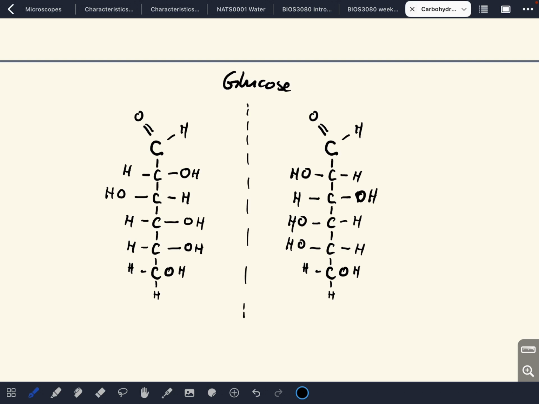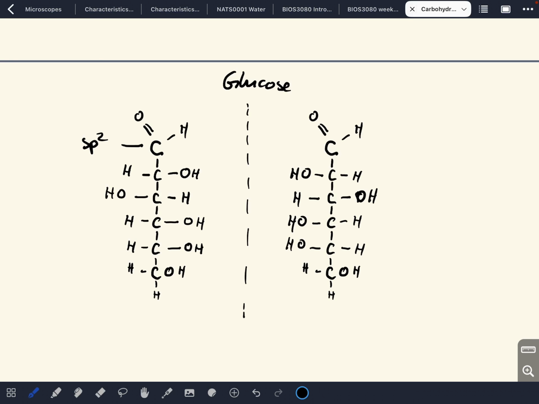And what we see is the aldehyde. This is, of course, sp2 hybridized. All the others are sp3 hybridized. And we can now check how many chiral carbon atoms we have.